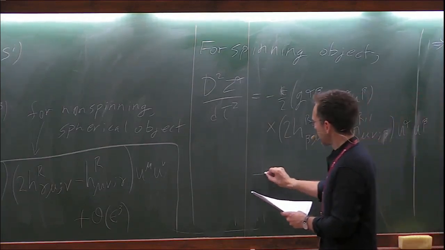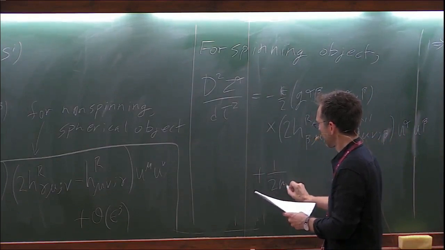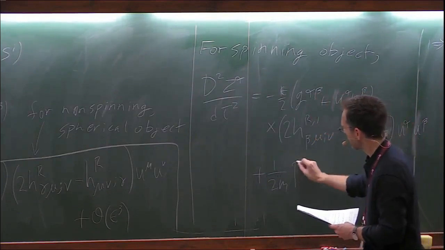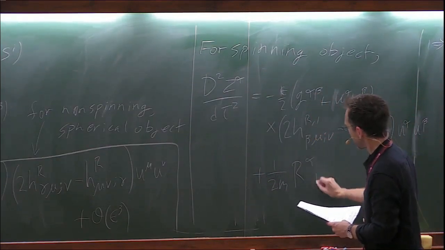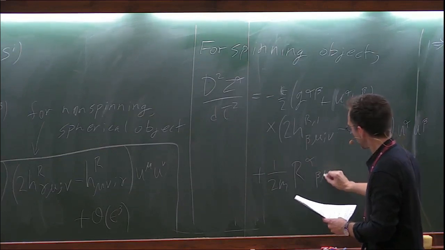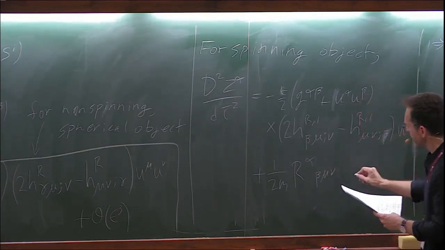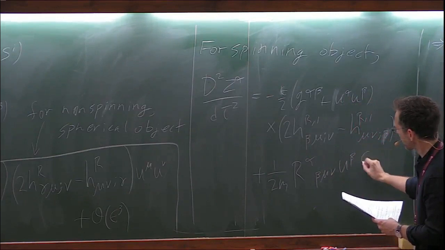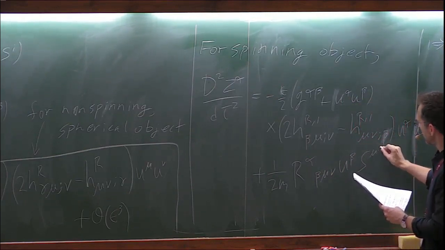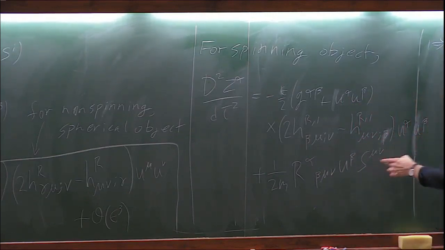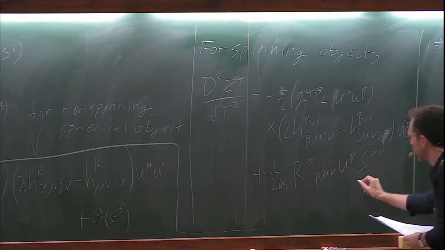And then the spin term is 1 over 2m r alpha beta mu nu u beta s mu nu. This is the spin, but now it's got two indices.